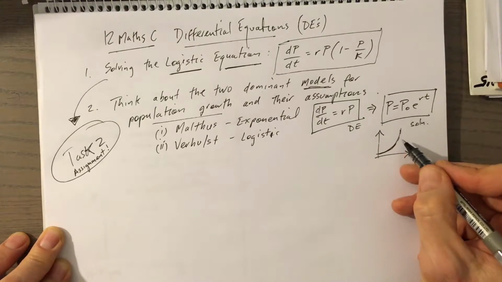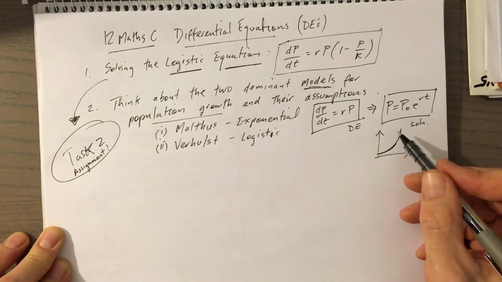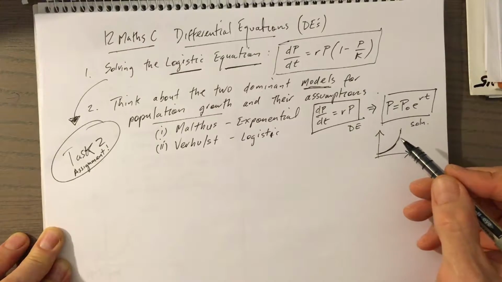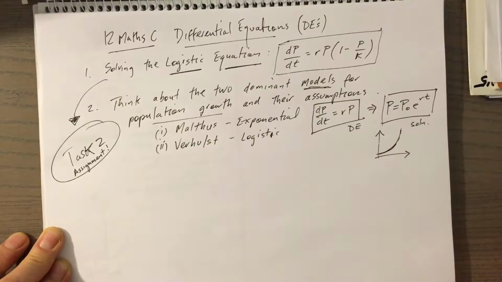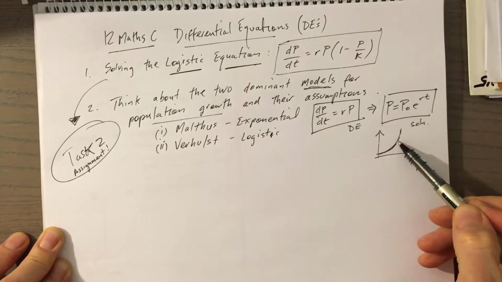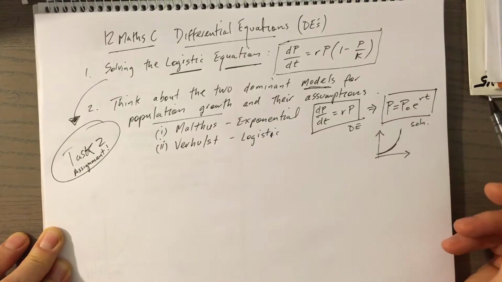Obviously there would be a limit because at some point resources would be used up, there wouldn't be much room left. There could be some catastrophe, some cataclysmic event that could obviously level a population, but with no other factors at bay, population growth would just go unchecked and exponentially grow.